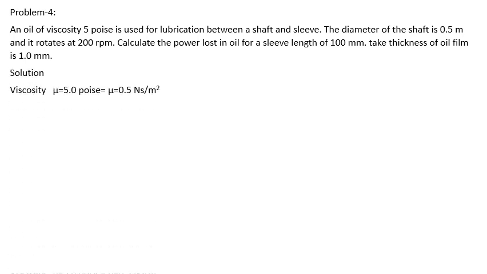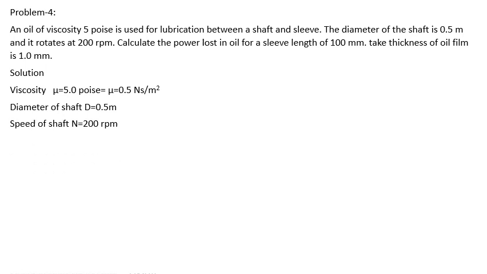So here the dynamic viscosity is given, that is mu is equal to 5 poise. So then convert that into SI units, the poise gets converted into SI units by dividing by 10. So 5 poise is equal to 0.5 Newton second per meter square. The diameter of the shaft, the capital D, is given 0.5 meter.